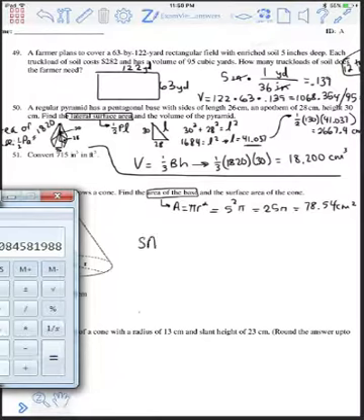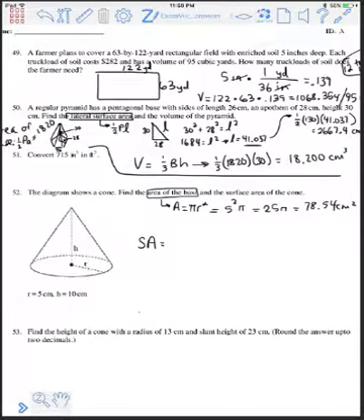Surface area is the area of the base, which is just the area of a circle, plus pi times the radius times the slant height.